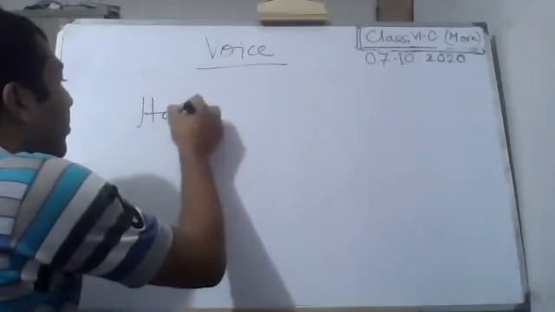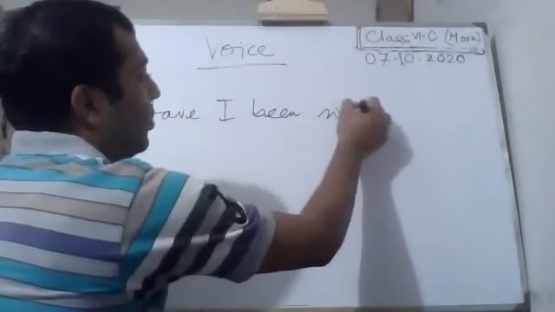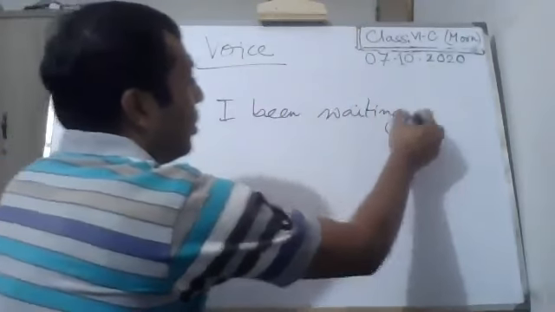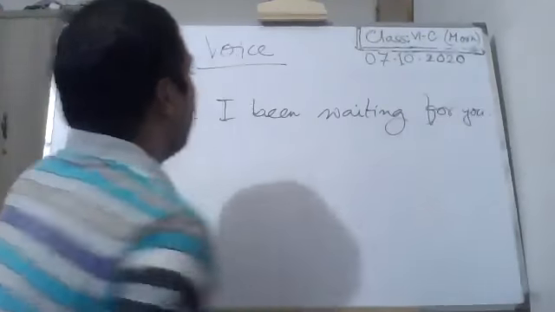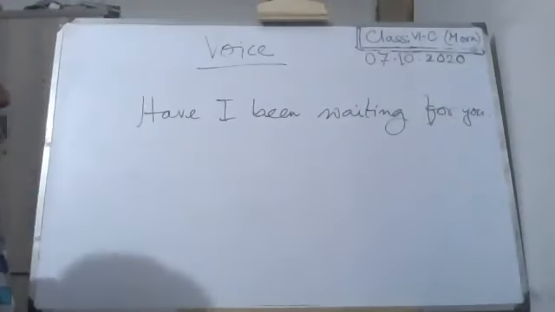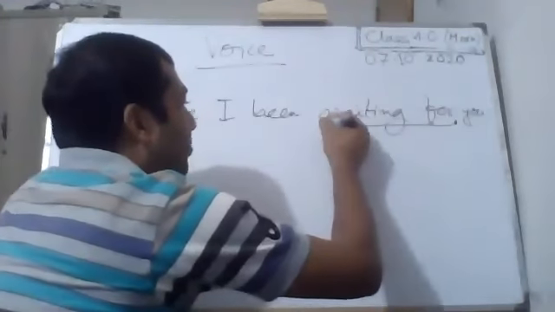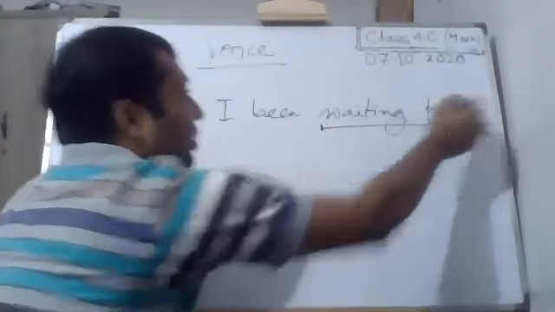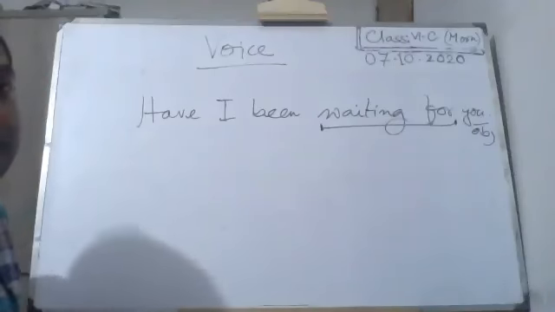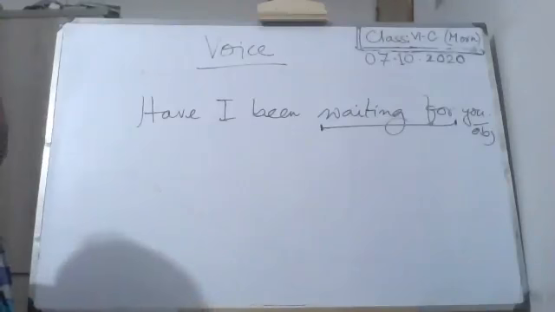If you write down, have I been waiting for you? Which one is the object of this? If I consider waiting for as a group verb, then you will be the object. So this object will be the subject of the passive sentence. And this is the example of present perfect continuous tense.